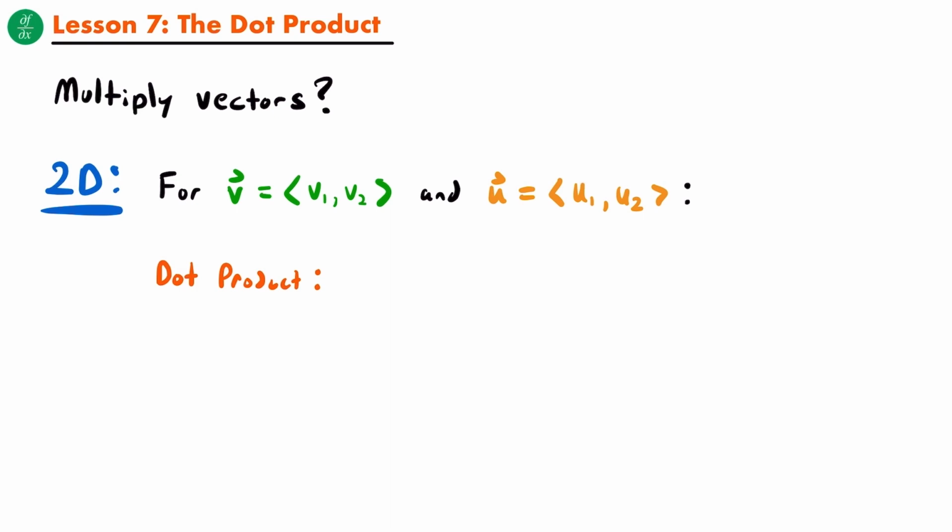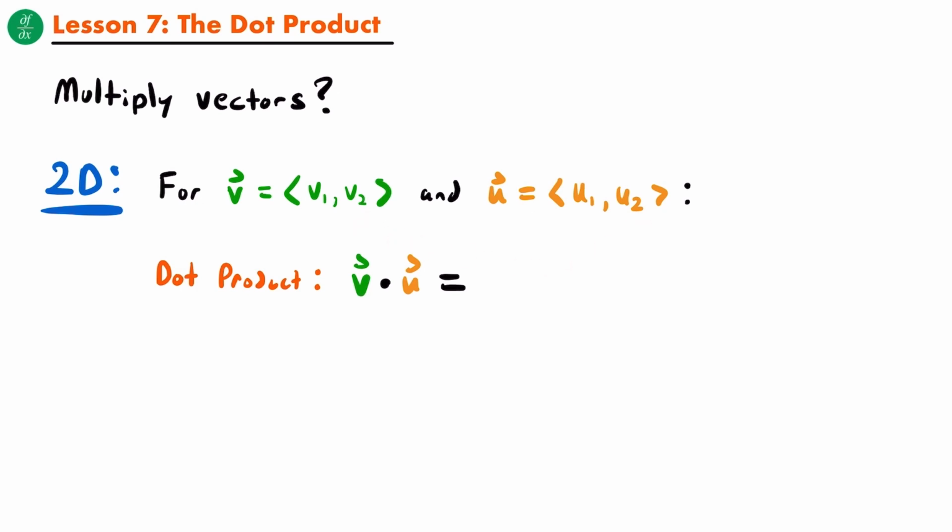We represent the dot product like this. We'll write vector v dot vector u. This represents the dot product of vector v and vector u. We represent this operation with this dot between our vectors. And so the dot product of vector v and vector u will be equal to the x component of vector v multiplied by the x component of vector u plus the y component of vector v times the y component of vector u.